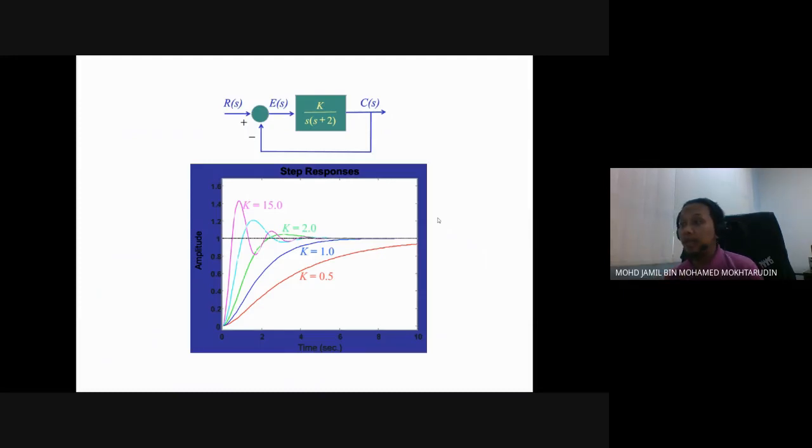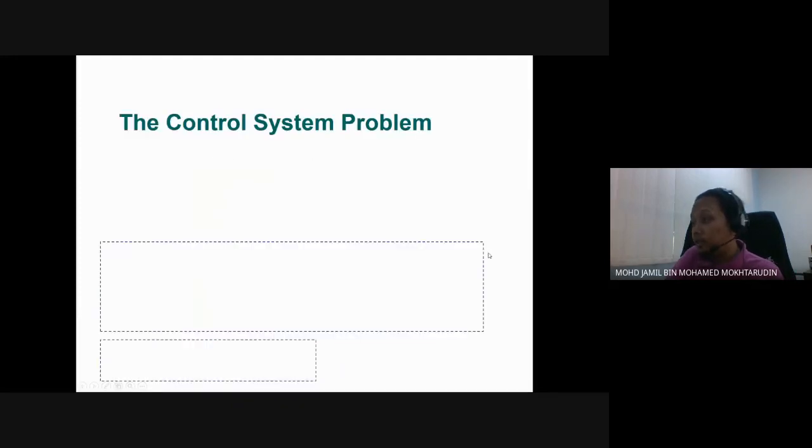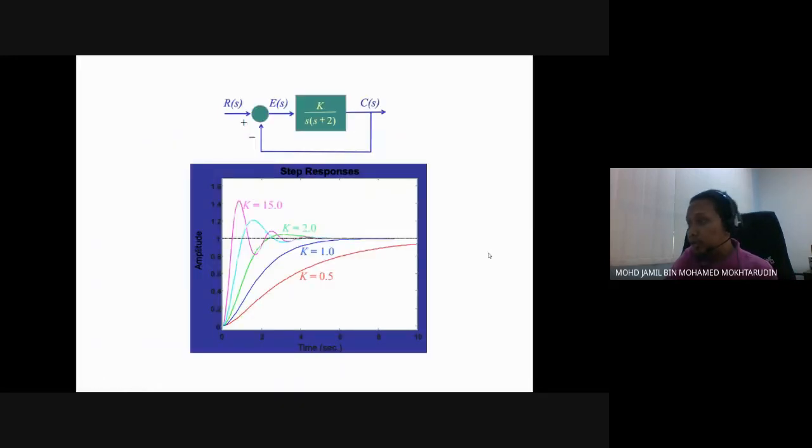There are two things that determine the system stability. First is the poles, and secondly is the gain K. So how can we use a new method to determine the suitable value of K and poles?